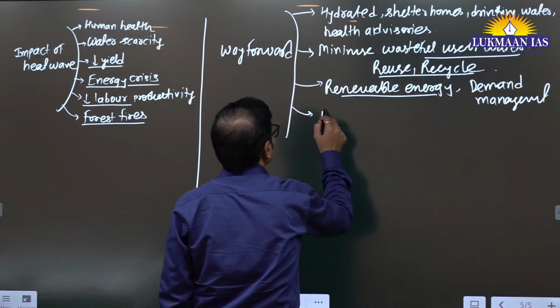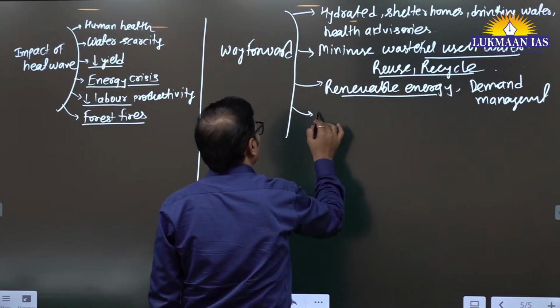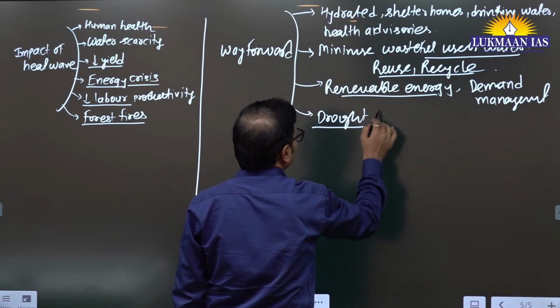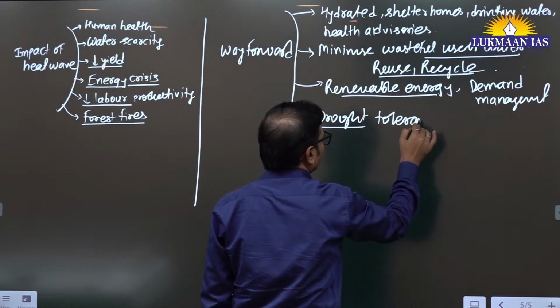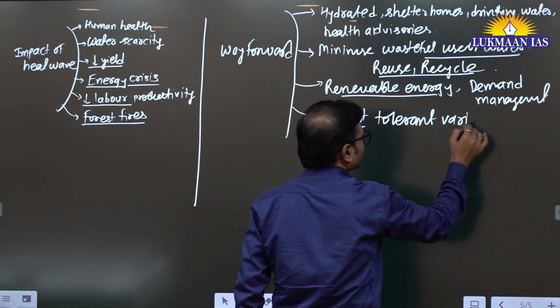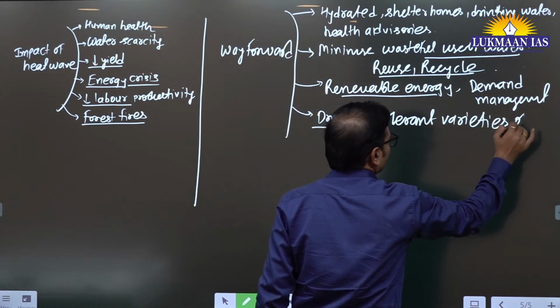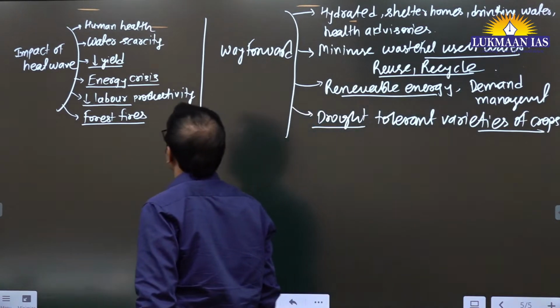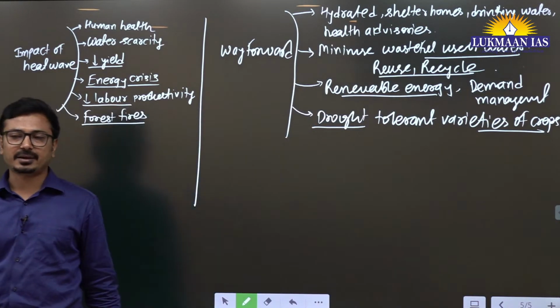Then the drought tolerant और heat tolerant जो होता है ना, high temperature tolerant varieties of crops should be developed so that reduction in the yield will not happen. Then micro irrigation practices should be there.